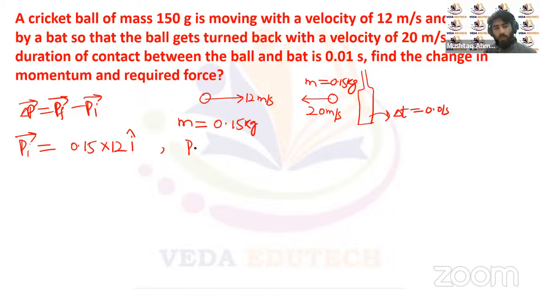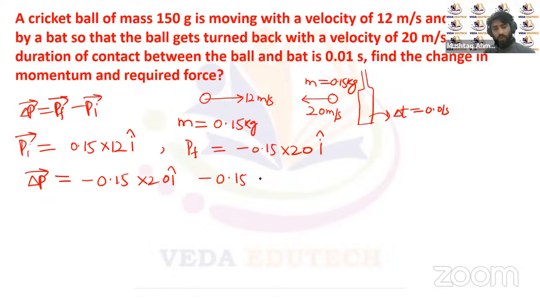The final momentum: the body is moving along the negative x direction, so it will be minus 0.15 multiplied by 20 along i cap. So the change in momentum, delta p, will be p final minus p initial, that is minus 0.15 multiplied by 20 i cap minus 0.15 multiplied by 12 i cap.